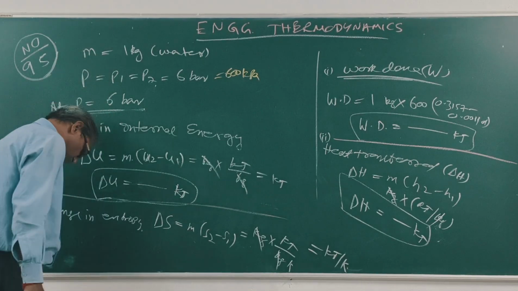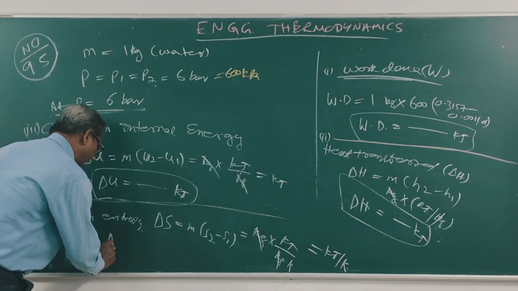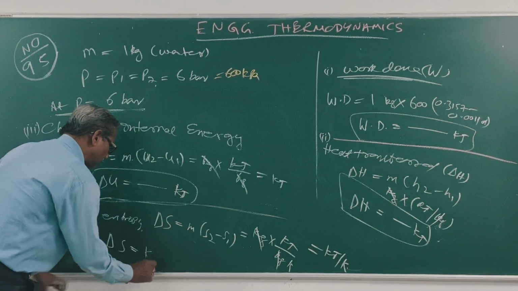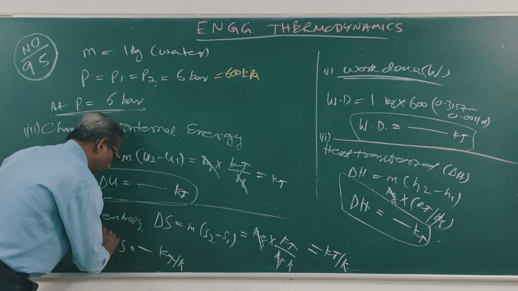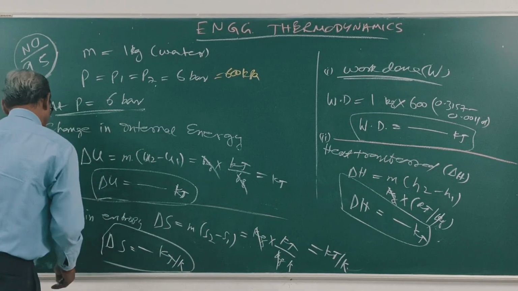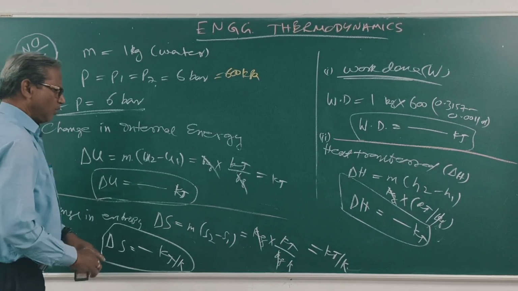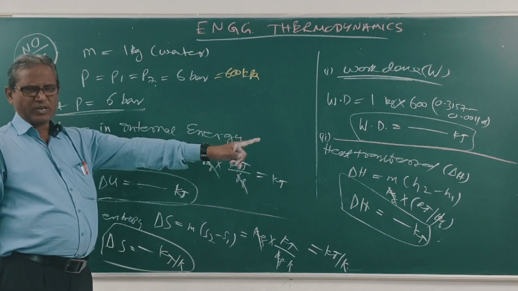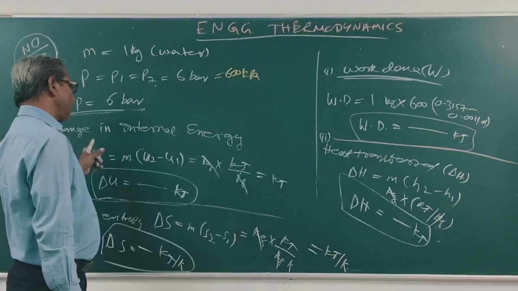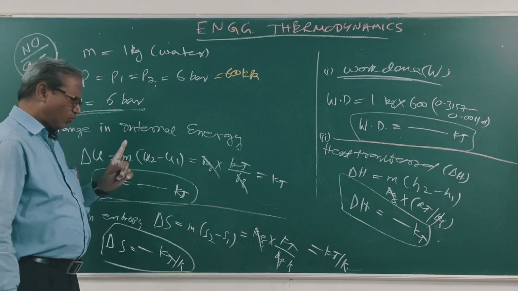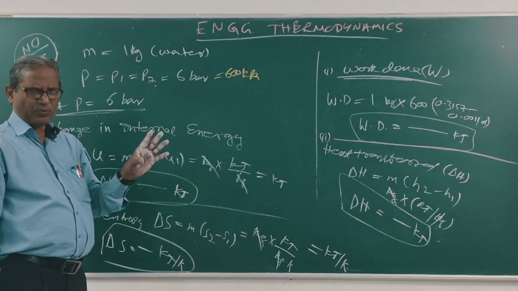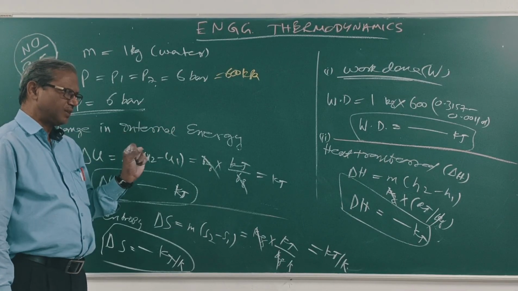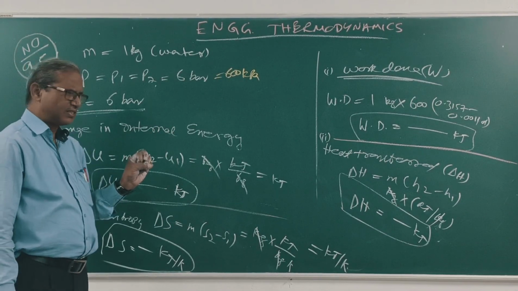Right? So delta S is in kilojoule per Kelvin. Clear? 1, work done; 2, heat transferred; 3, change in internal energy; 4, change in entropy. You will find all these answers by using a calculator. Clear? Next question, number 96.